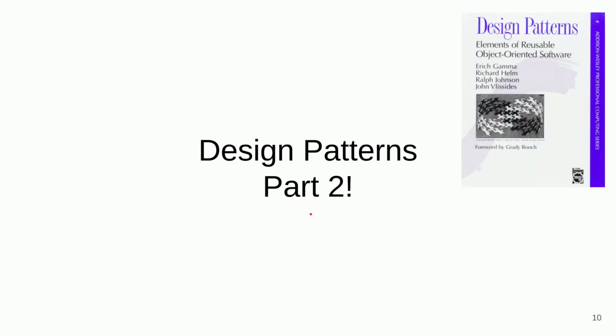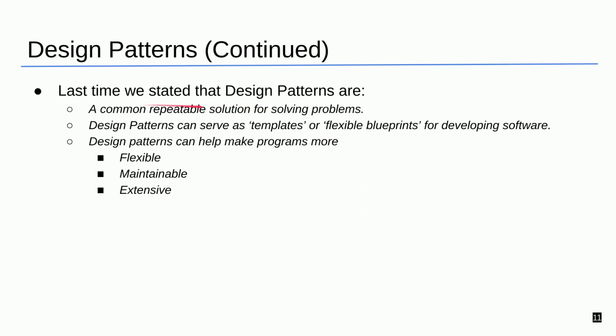So this is part 2. We've already talked about them earlier in the semester, which feels like a long, long time ago. But just a reminder, design patterns are common repeatable solutions for solving problems. They can serve as a blueprint. They aren't the end-all be-all, but they're pretty good at providing some solution towards common problems that show up in engineering. And of course, what makes them design patterns, or at least the ones that are discussed, is typically they're a little bit more flexible, maintainable, and extensible, or allow for this in your code base.